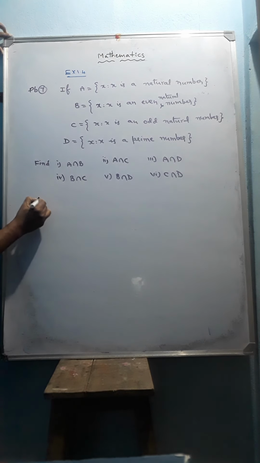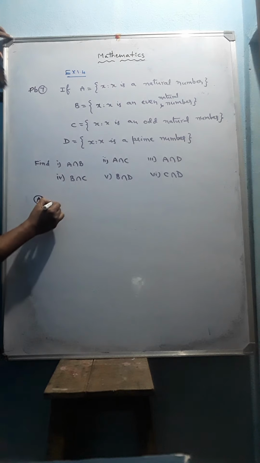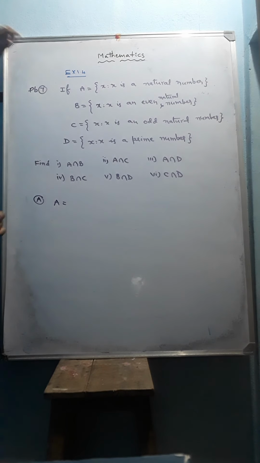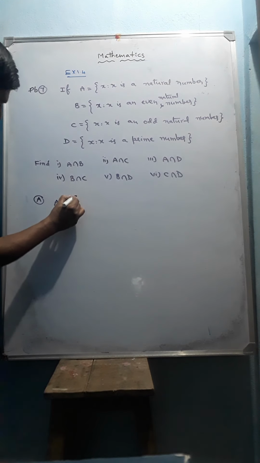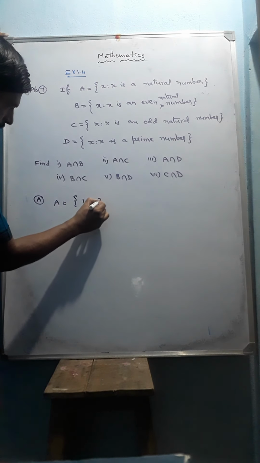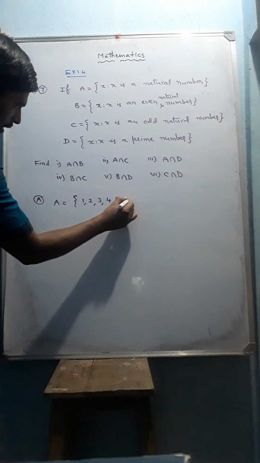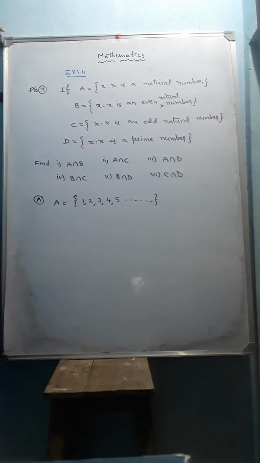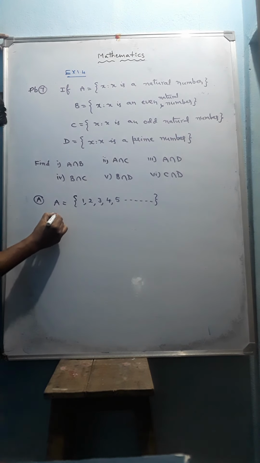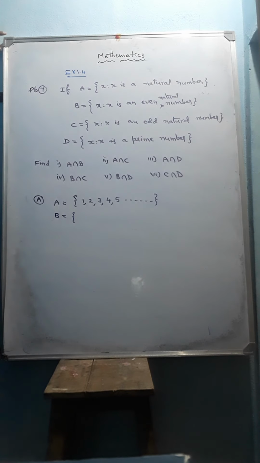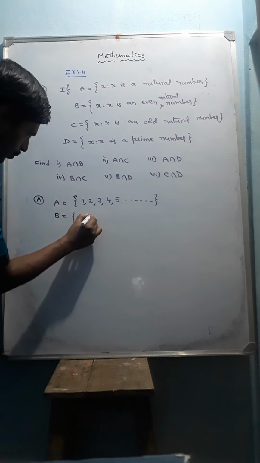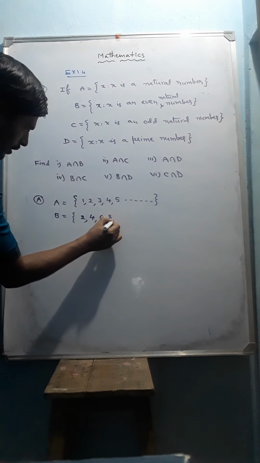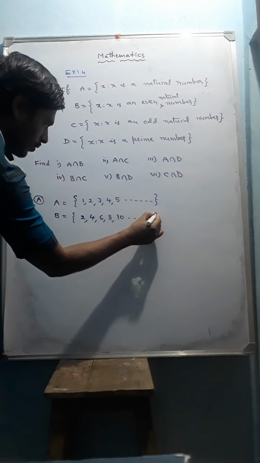So A is equal to set of x such that x is a natural number. That means set of 1, 2, 3, 4, 5 and so on. Natural number set. Next, B is equal to set of x is an even natural number. So 2, 4, 6, 8, 10 and so on.